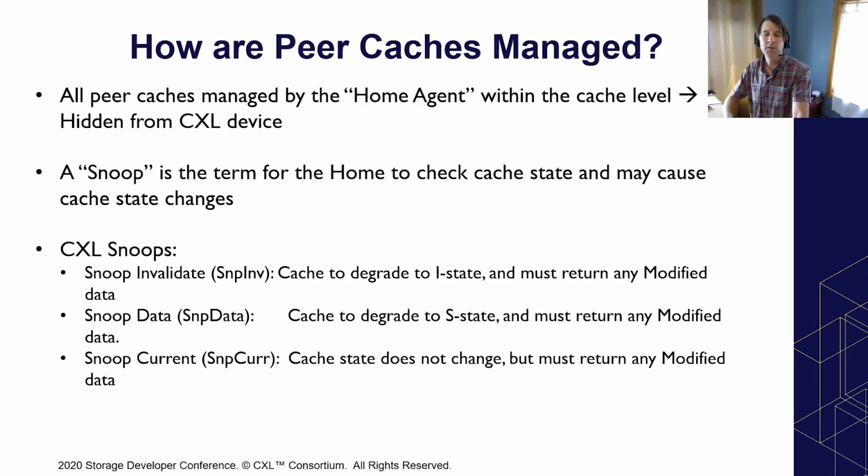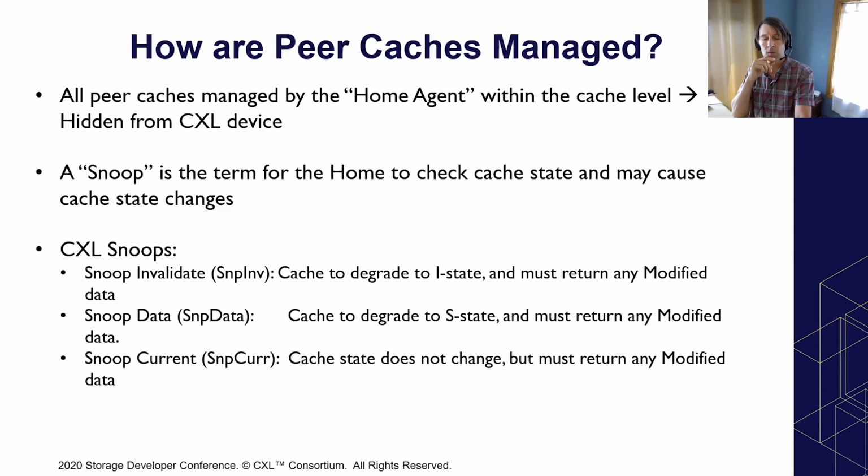So just quickly summarizing the 3 snoop types we have in CXL, we have a snoop invalidate. This causes the cache to downgrade to I state, and the cache must return modified data if it had modified data. Snoop data message causes the cache to downgrade to shared state, and it must return any modified data as well, similar to the snoop invalidate. Snoop cur doesn't cause any cache state change.